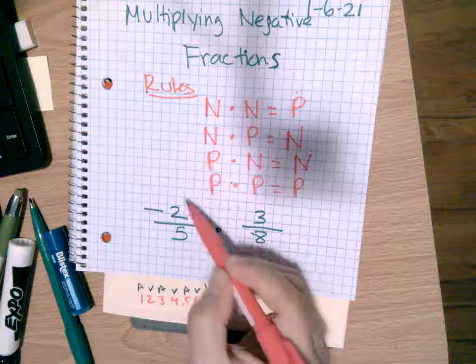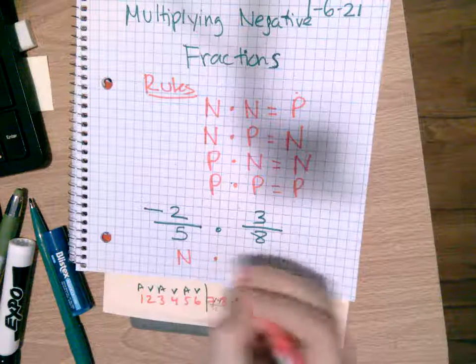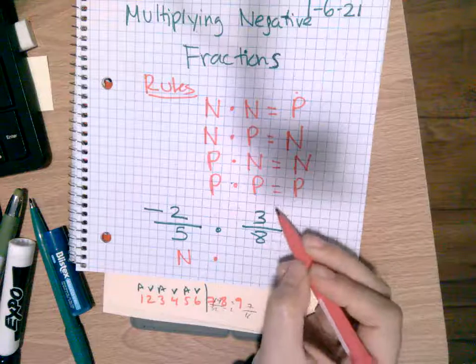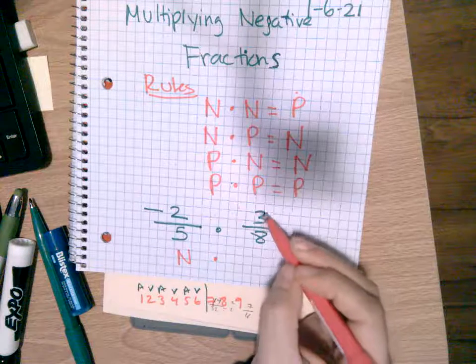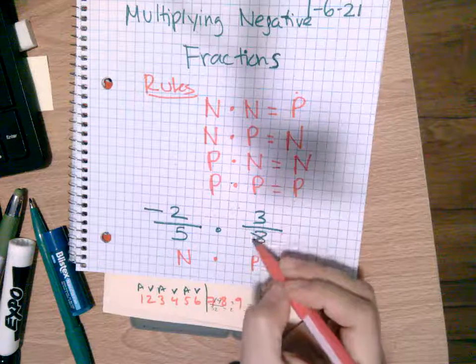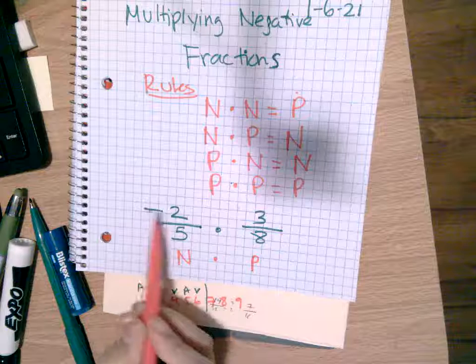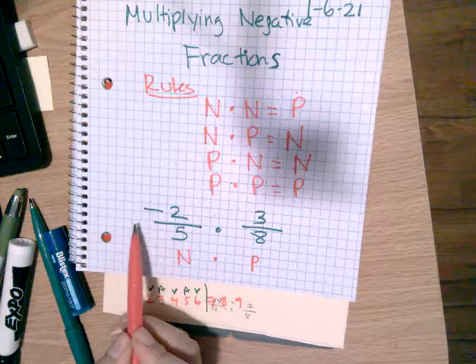It's a negative. What about my second fraction? It's positive. When there's nothing there, it's a positive. You'll only see one negative symbol. It's usually on the top or on the same line as the fraction line.